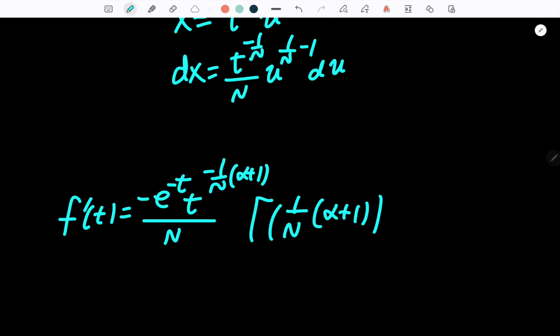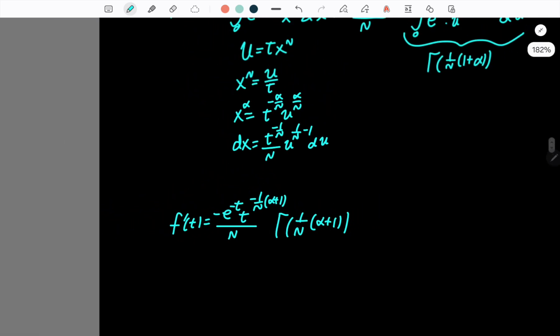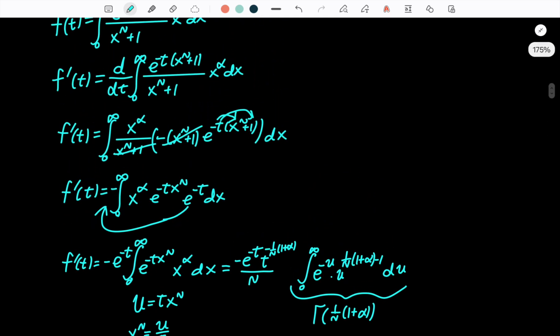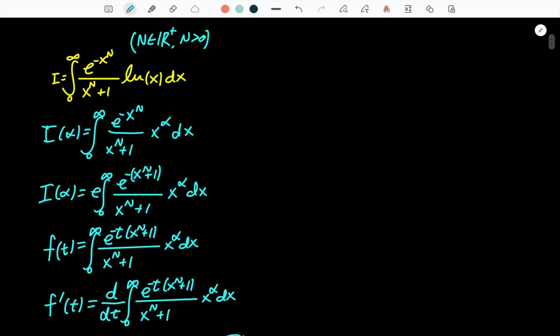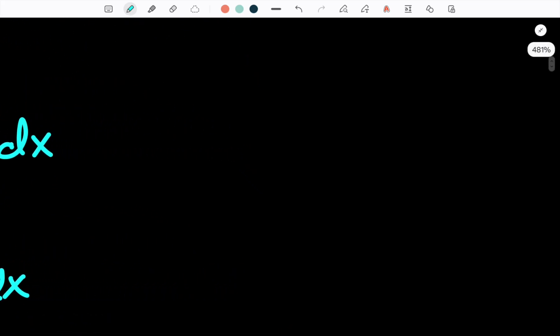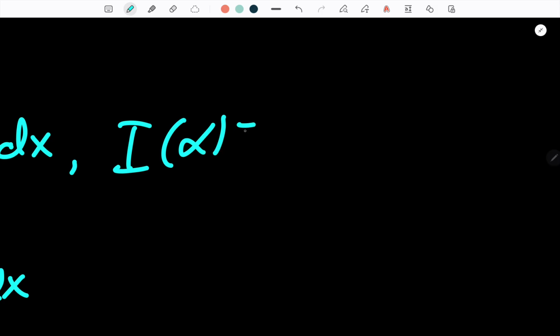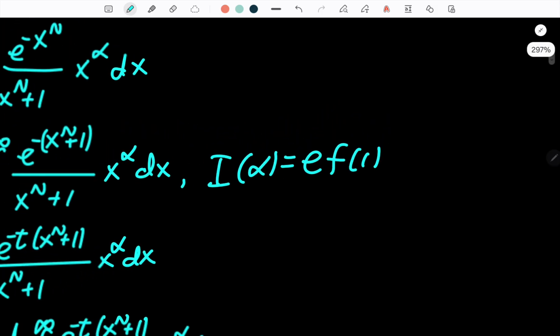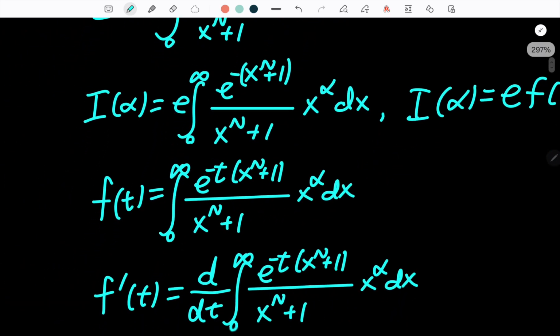Okay. Now we need to observe something. Let's go all the way up here. I of alpha is just going to be e times f of 1. Okay? Now why is that?